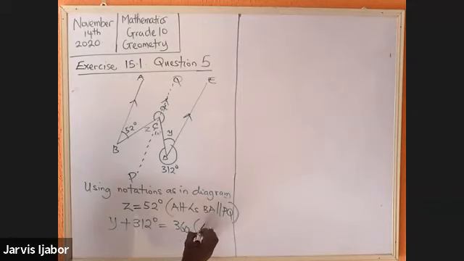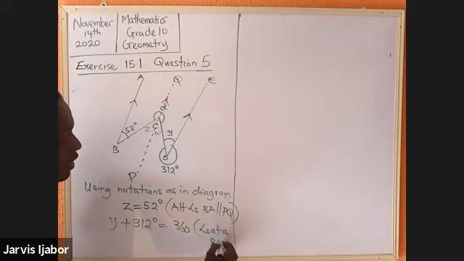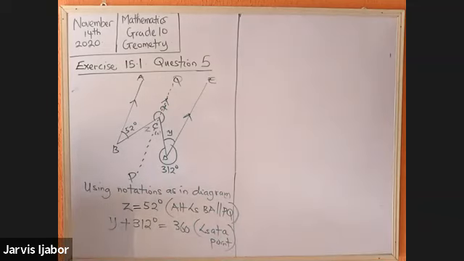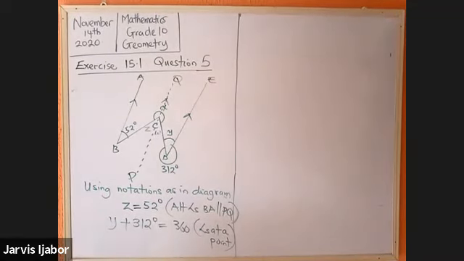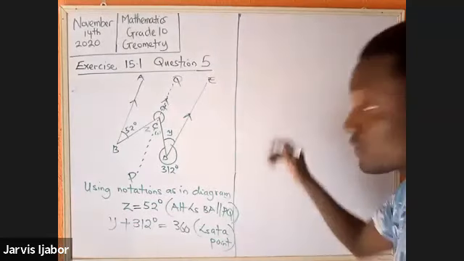What's the reason for that? Angles at a point. Y plus 312 equals 360 degrees. So once you have that in place, you can now go ahead to say what?